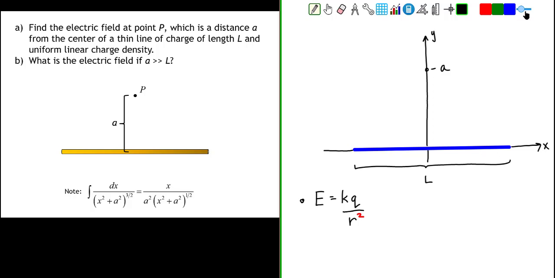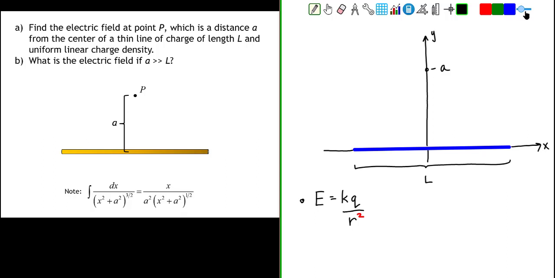The problem is this line of charge is not a mathematical point. It has a dimension, and that dimension is a length. So we cannot directly apply this formula for a point charge to a line of charge because the formula doesn't apply. Yet, this is all we know how to do thus far.